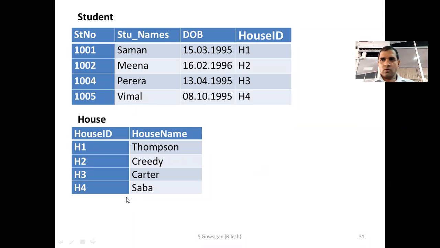Okay. So again, I have a question. Please don't take much time for answering. So Mary Priska, what is the primary key of the student table? Student number, STNO, right?